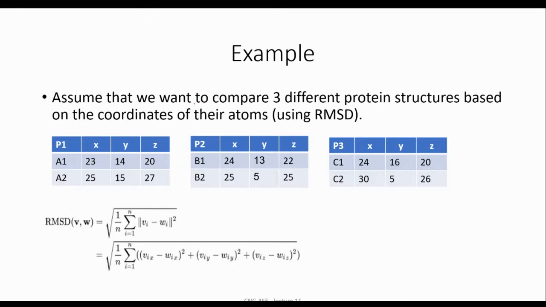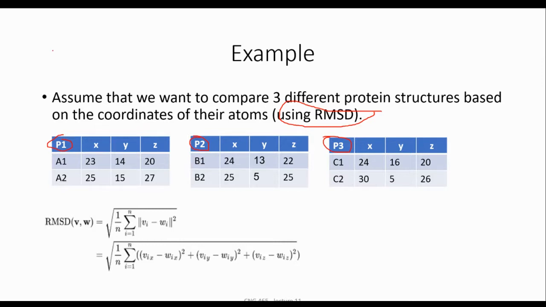So assume that we want to compare 3 different protein structures based on the coordinates of their atoms using RMSD. So I have coordinates of 3 different proteins, protein 1, protein 2, and protein 3. Now 2 by 2, I should compare them together. It's not possible to compare all of them at once.